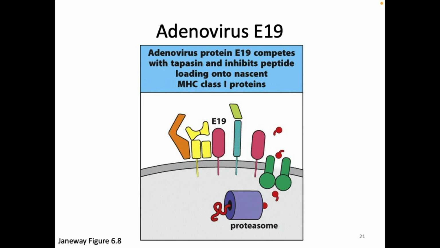Again, we're going to at least decrease class 1 presentation. We may not stop it altogether, but we're going to make it less likely to happen because we have put a block in the middle of delivery and binding in the class 1 process.